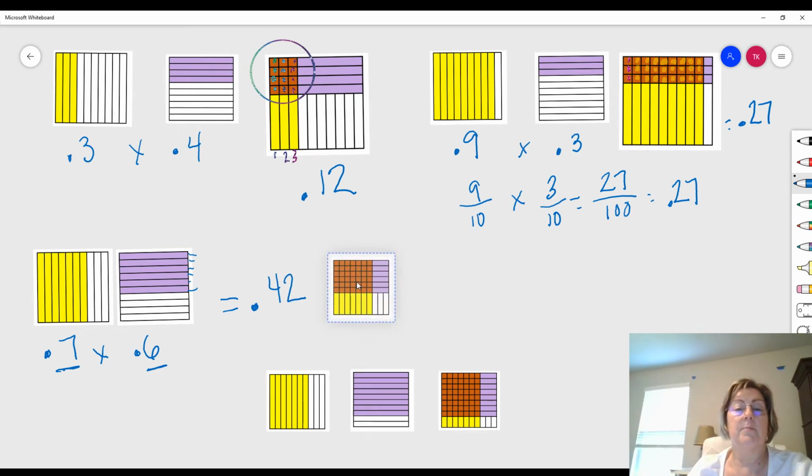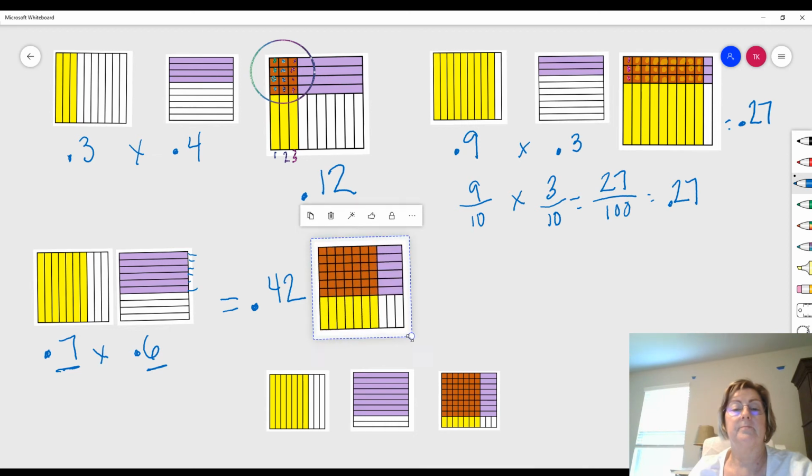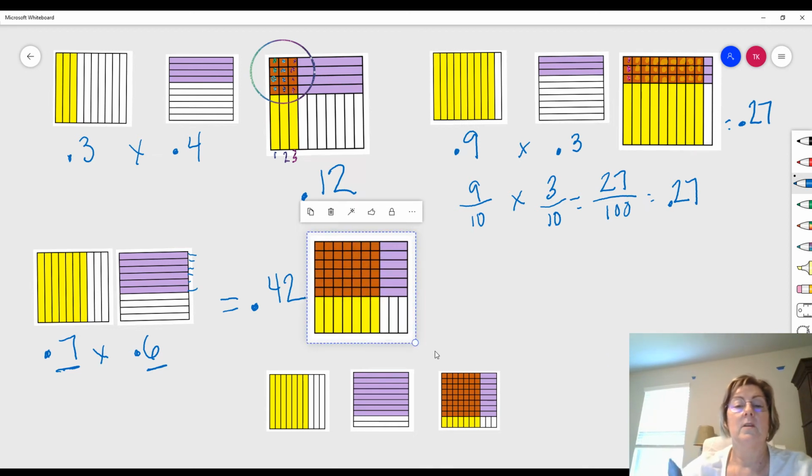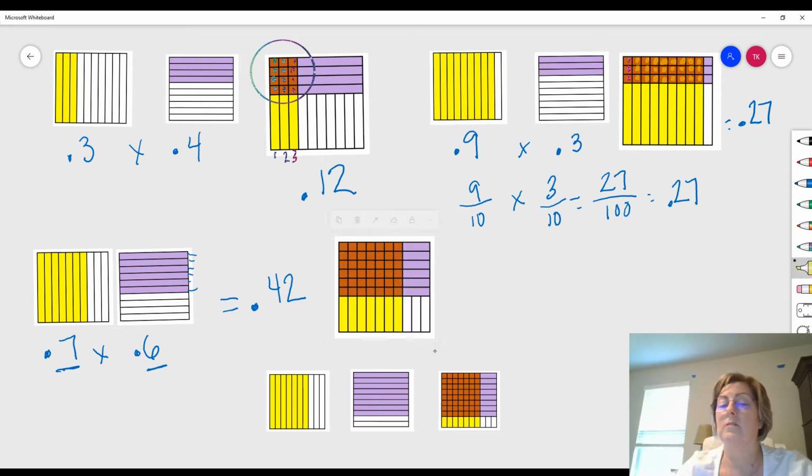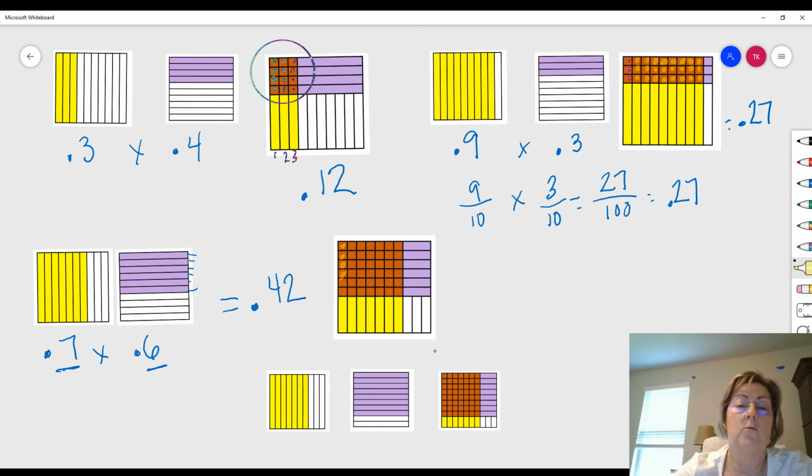If we look at our picture here, we can count. Get my highlighter out again. So we're taking 1, 2, 3, 4, 5, 6 of the parts of the 1/10 for each one.